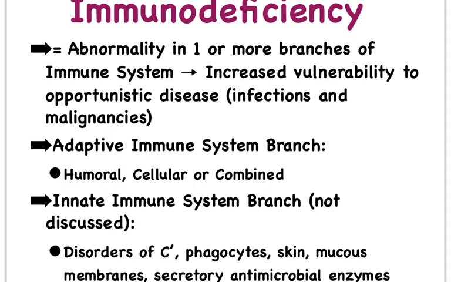We'll take a brief look at problems with just T cells, and then the more severe form of immunodeficiency is when both branches of the adaptive immune system are affected. We will not discuss all the different problems that might arise in the innate immune system, such as problems with the complement and phagocytes, just to name a few.